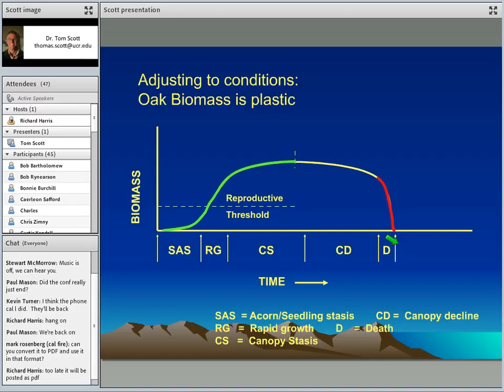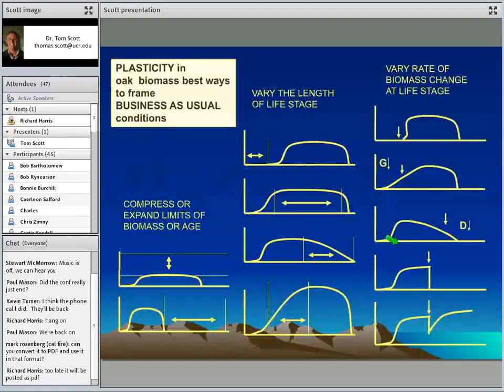And this is a general model of angiosperms anyway, but angiosperm trees. But the important thing is that this part of the graph has to be taken into account whenever you do your carbon calculations, because you can't have this sort of idea of a growth that's going to happen and be guaranteed and continue in a non-ending manner.